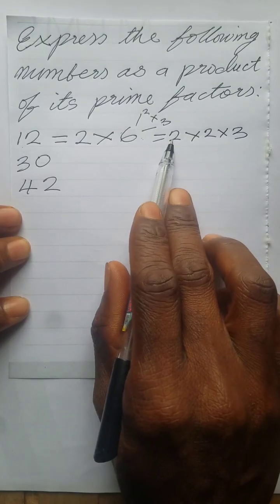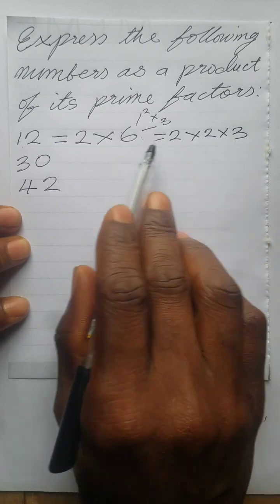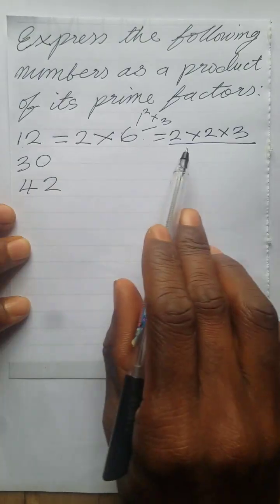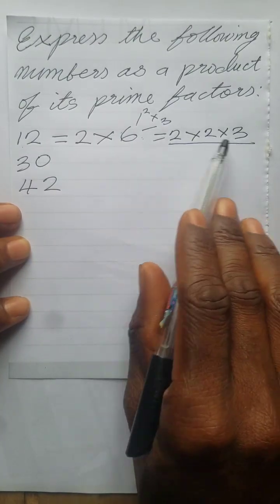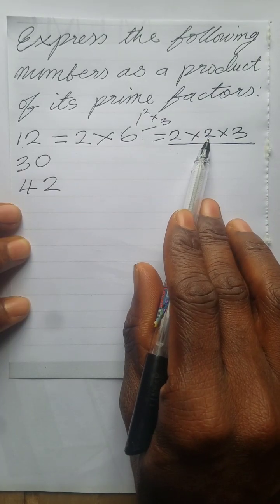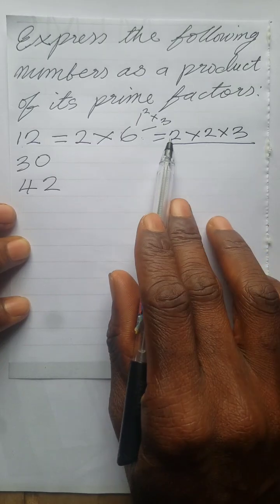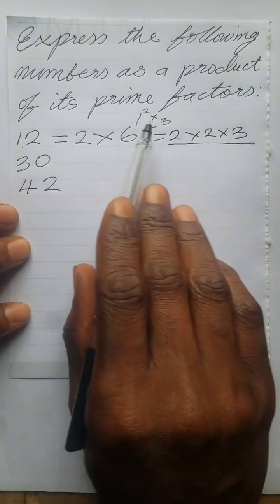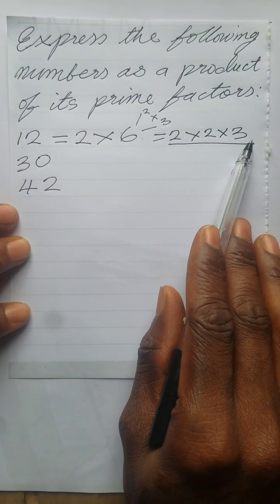So let's check. 2 times 2, 4, 4 times 3, 12. Now I have succeeded in expressing 12 as a product of its prime factors. Look at 2 is a prime number, it's still the same 2, which is a prime number, and 3 is also a prime number. No other factor is here that is not prime. So we've succeeded in expressing 12 as product of its prime factors.